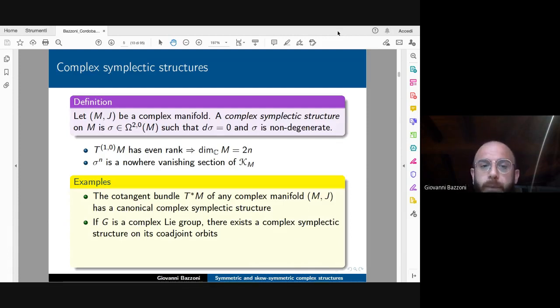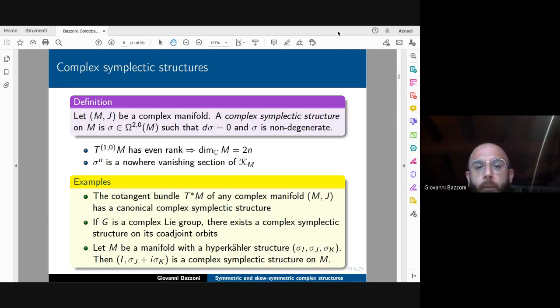symplectic manifolds. And another setting in which complex symplectic structures appear is whenever you have a hyperkähler structure on a manifold. So I think of a hyperkähler structure as three complex structures, I, J, and K, and some metric with respect to which I, J, and K are isometries. And you cook from those two forms, sigma_I, sigma_J, and sigma_K, which turn out to be closed.